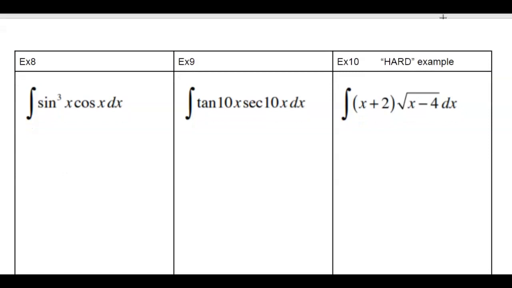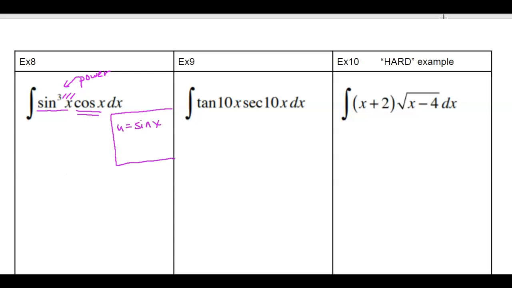All right, 8, 9, and 10. So 8, we've got 2 trig words. Sine cubed times cosine. So remember, we can't just do a power rule. So I've got sine, cosine, and a cubed. The power we can take care of with the power rule. So I ignore that. So because sine is being to the third power, I'm going to let u be sine.